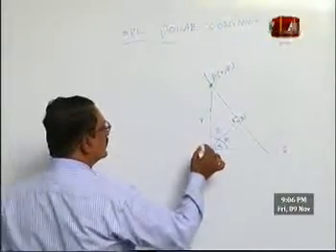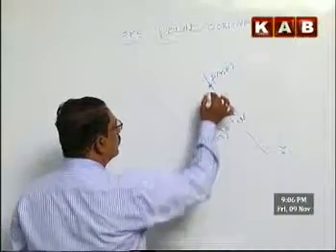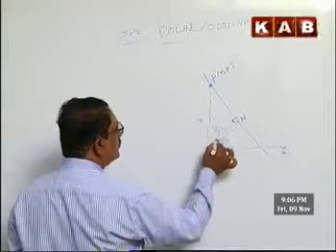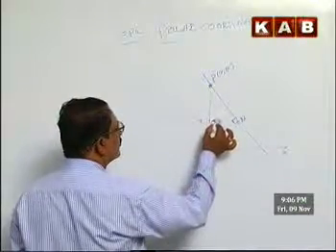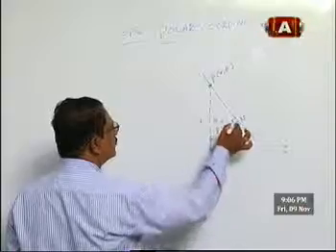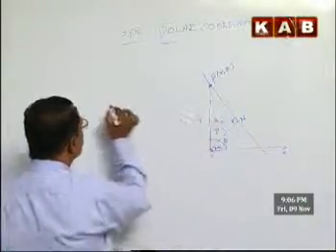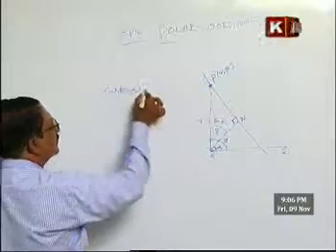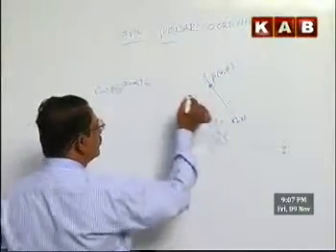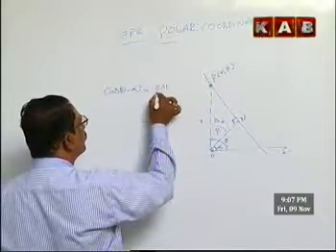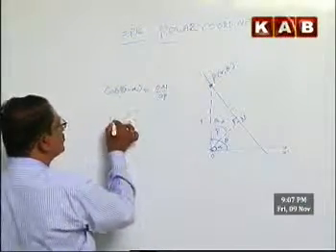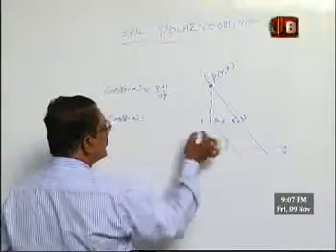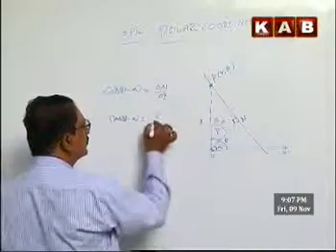Now in triangle OPN, angle O equals theta minus alpha, and ON equals p. In triangle OPN, cos of theta minus alpha equals ON by OP, but ON equals p, OP equals r.